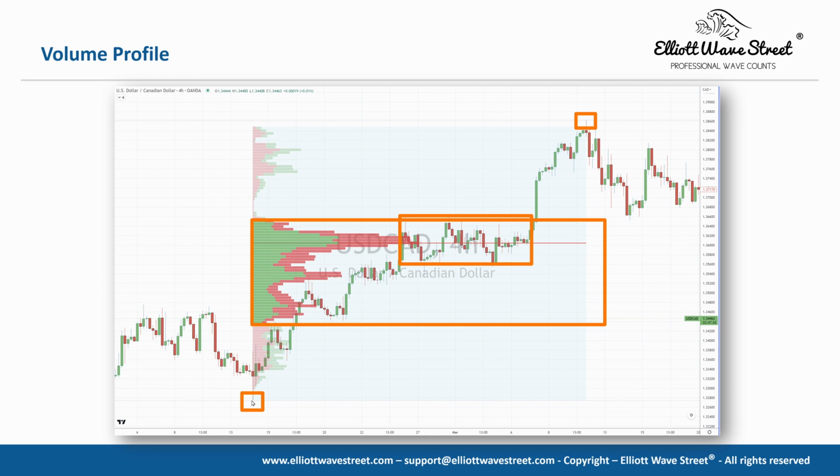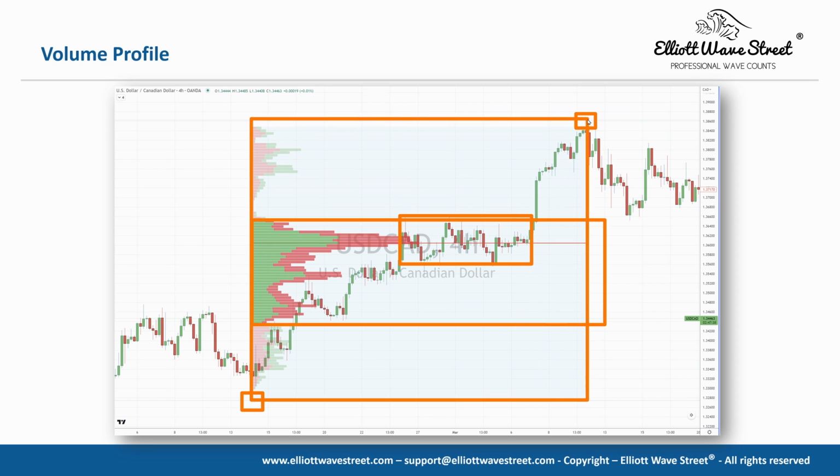So we are saying here that from here to here, we have the price trading most of the time at this area, and that's how the volume profile shows that the market has the strongest volume, let's call it like that, because the price was taking more time there to develop.